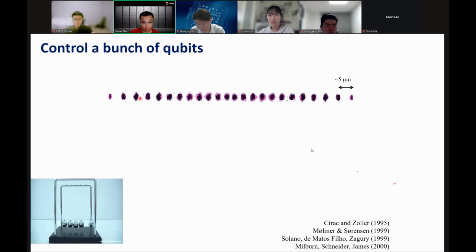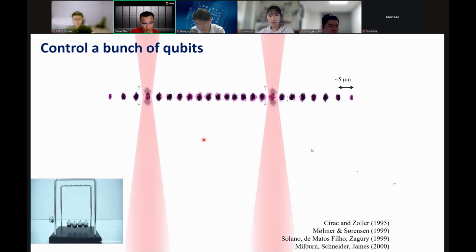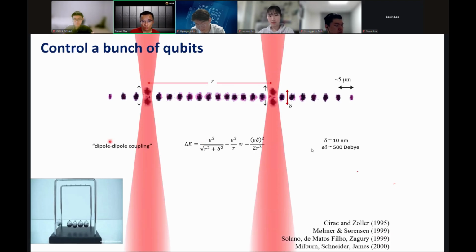So what you do is you can use a laser to push one qubit. If you push the qubit at the right frequency, you will excite the motion on that qubit, on that ion, right? And if you just give it a little bit less energy, just slightly, not enough to drive that motion, nature is magical.